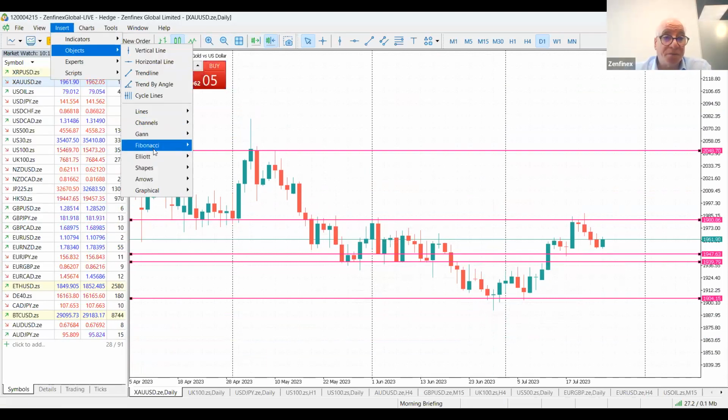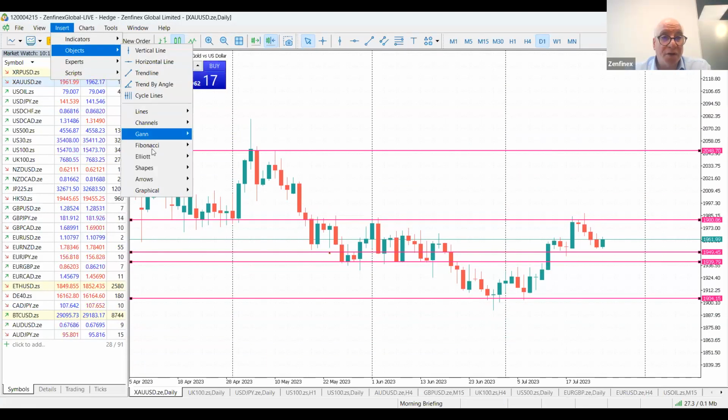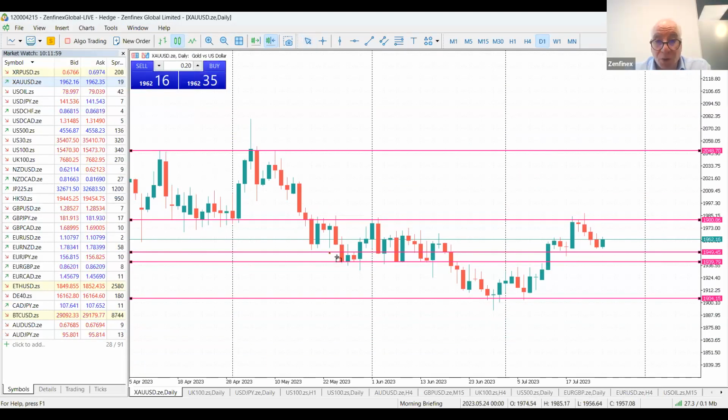So let's put a square object and mark off this area here rather than a single line, because what we're actually seeing is price bounced off here in the past.